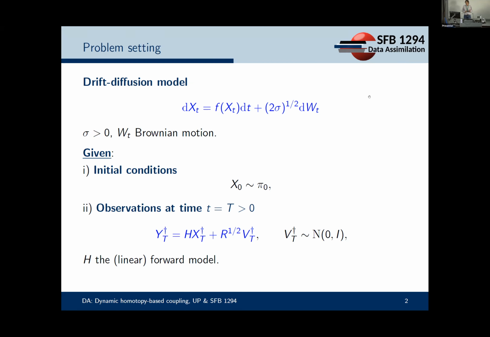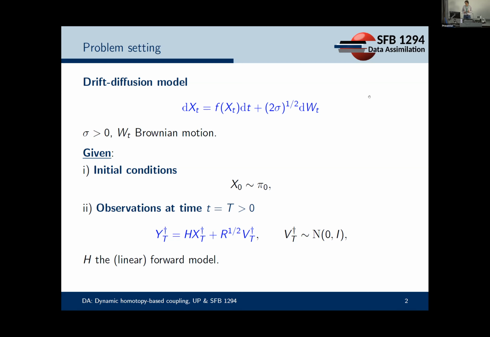This initial condition is propagated forward by your process, the SDE in this case, and then at capital T you get an observation. So the initial condition is transported forward to time T, and it becomes the prior for your data assimilation step when you think Bayesian.